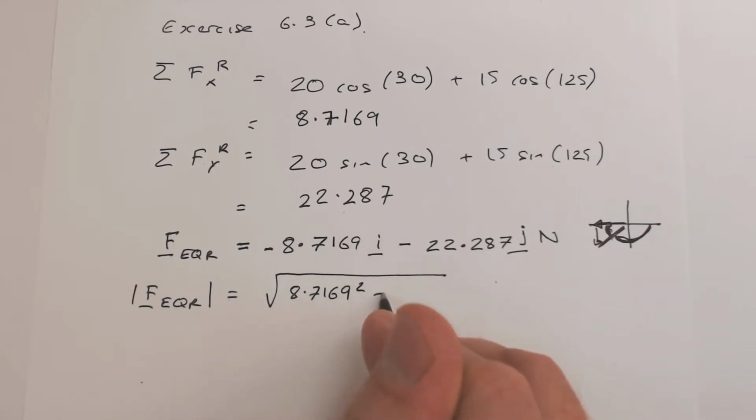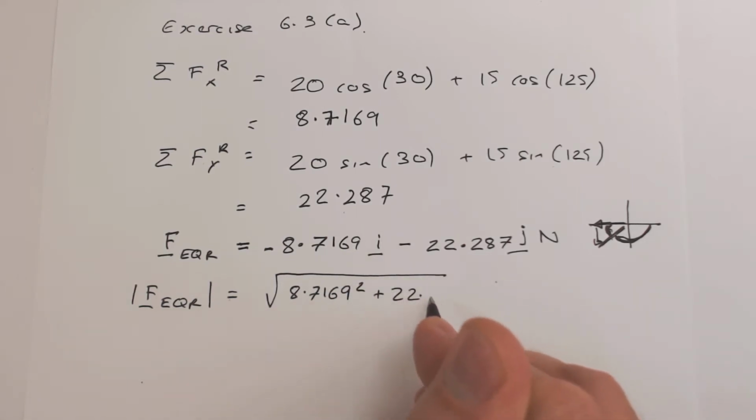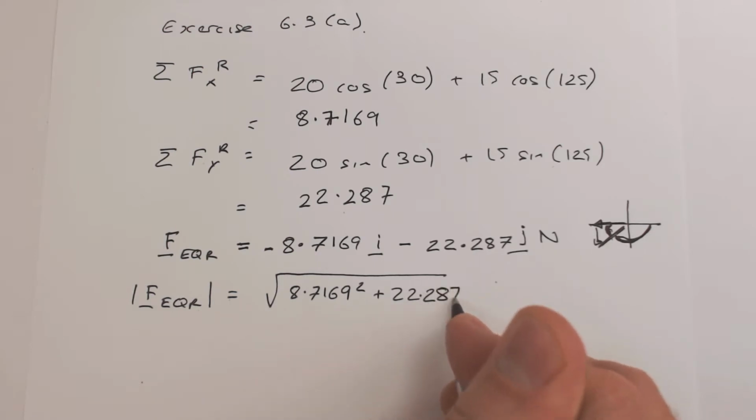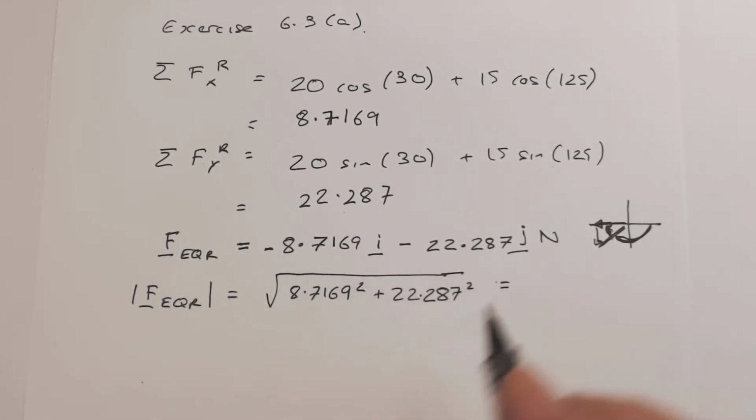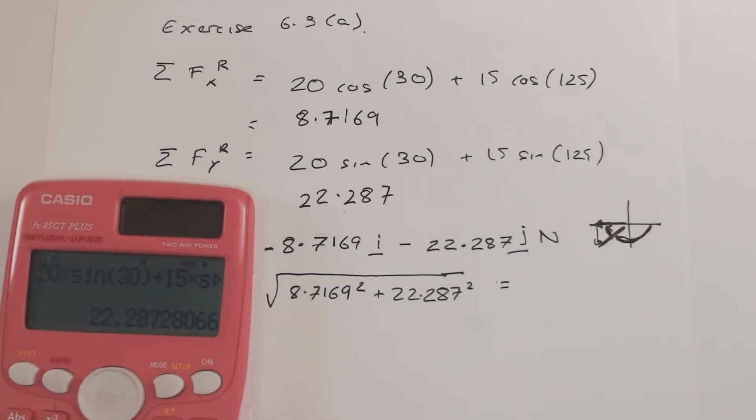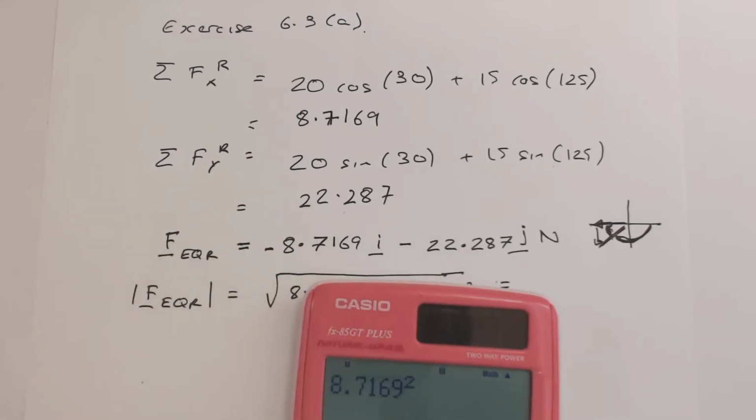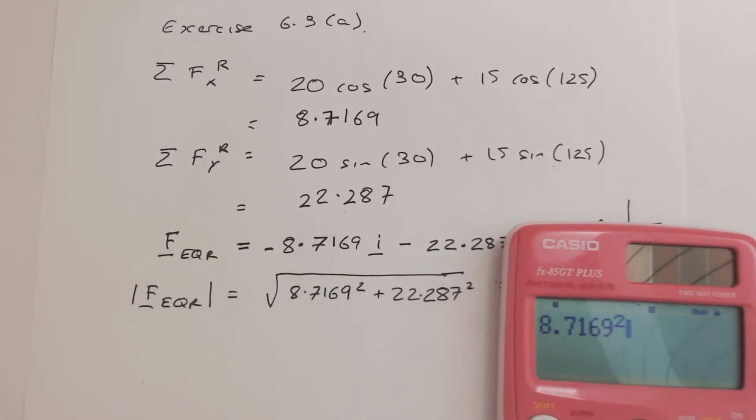So 8.7169 squared plus 22.287 squared, and then do a square root. So we put that into our calculator. So we're going to have 8.7169 squared, plus 22.287 squared.